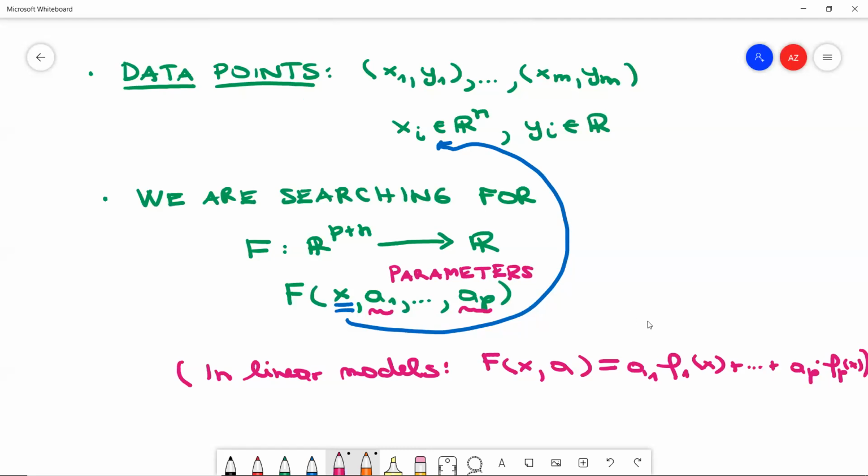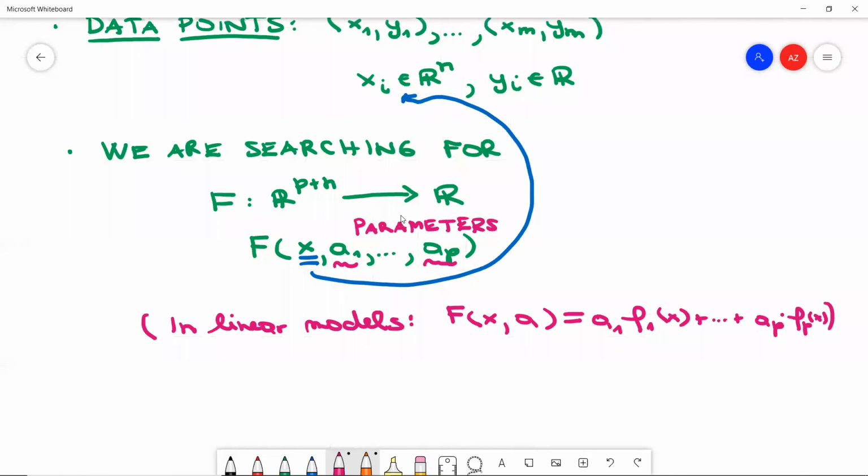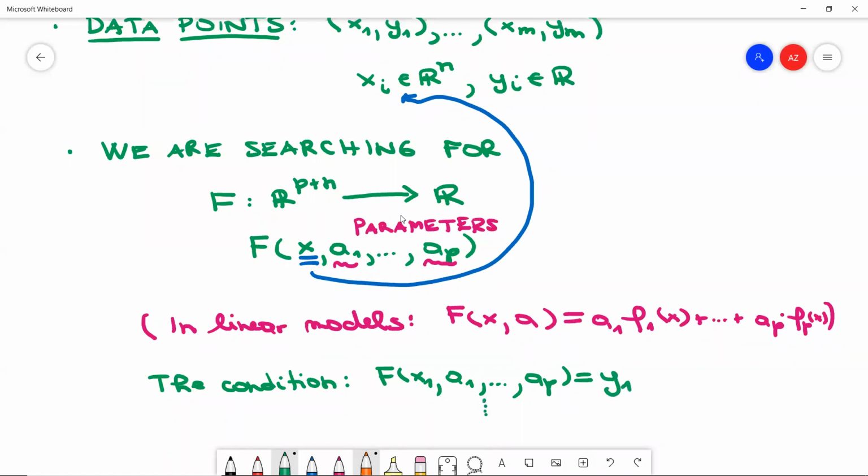So the crucial thing was that this f was linear in a's. And of course, the condition which has to be fulfilled is that f of x1 in the parameters a1 up to ap is equal to y1, and so on also for the other points. f of xm in the parameters a1 up to ap is supposed to be ym.